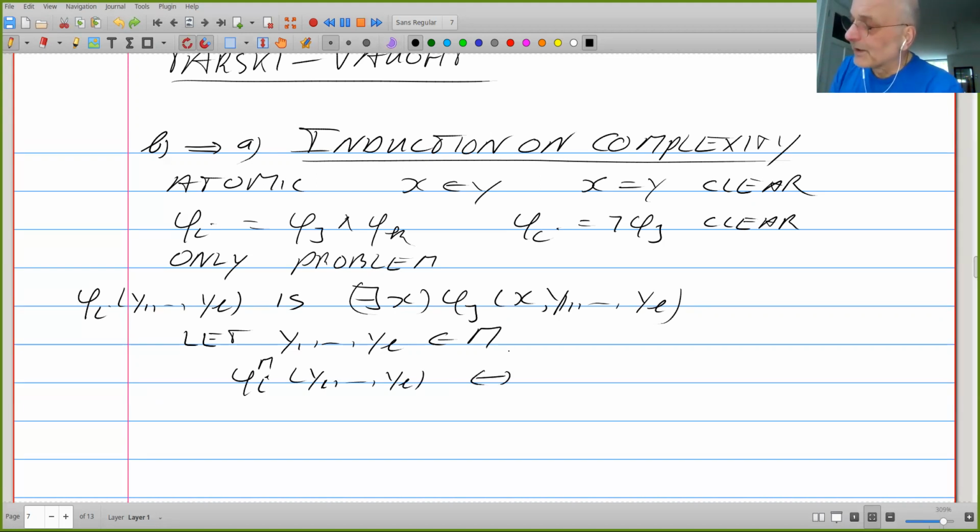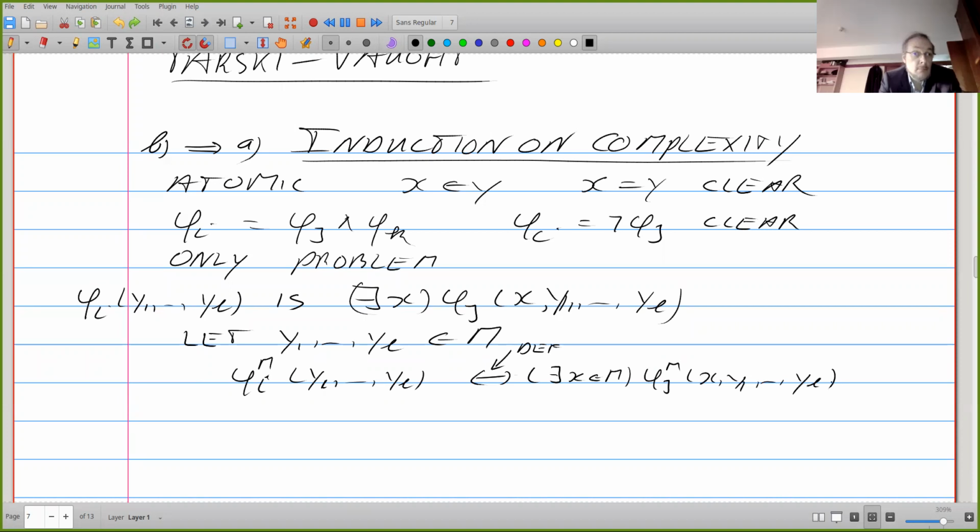The definition tells us that this formula is equivalent to this.